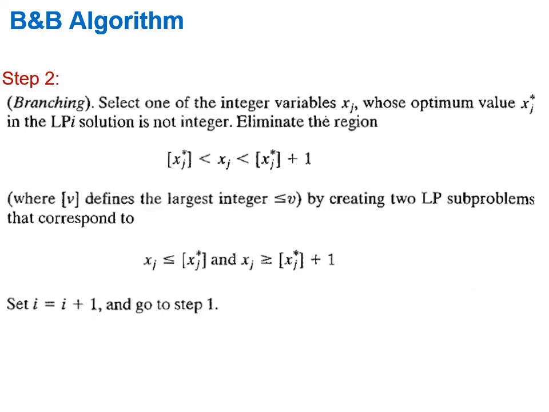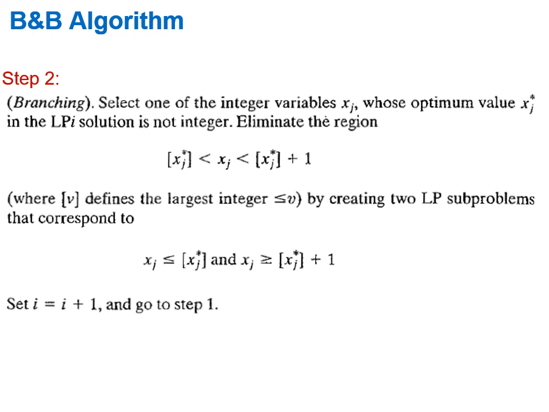And the branching procedure is exactly the same. So what is the difference? For minimization and maximization problems, you should be careful with the bounds, whether it's an upper bound or a lower bound. That's all. And if it's a mixed integer programming formulation, you don't consider the continuous variables in branching.